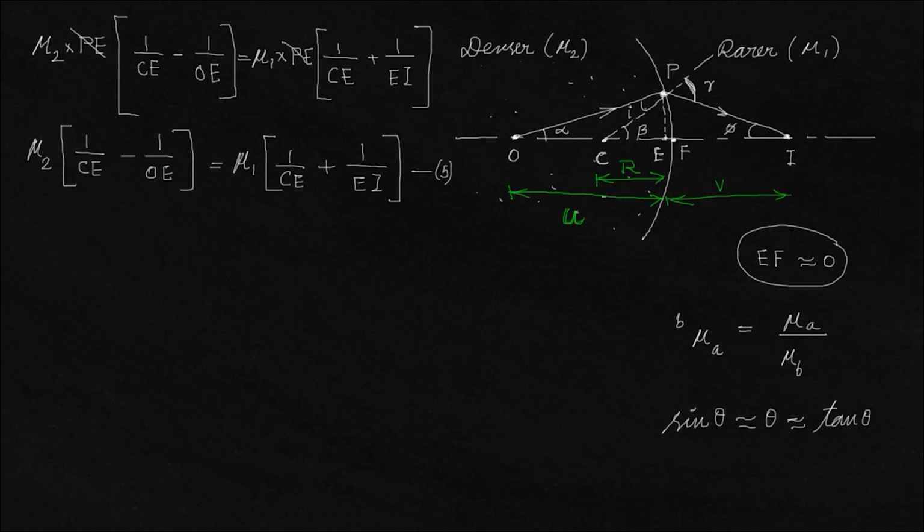So this equation will become mu2 into 1 by CE is R, but since it is on the left of F, I have to put minus.